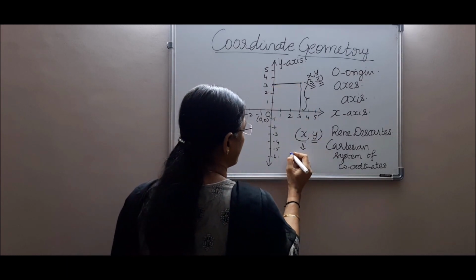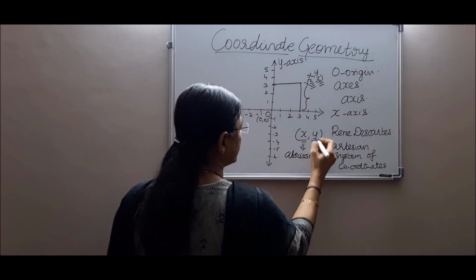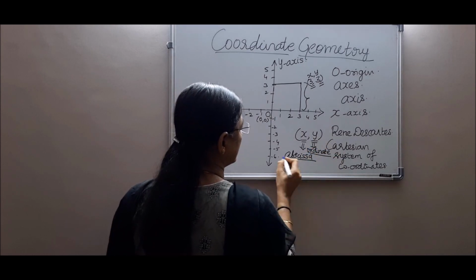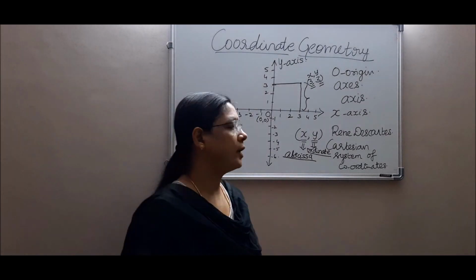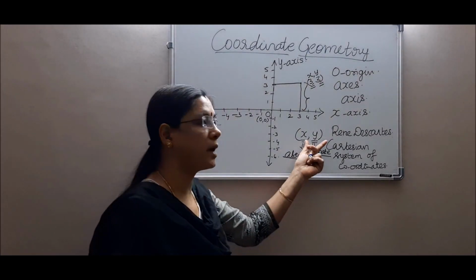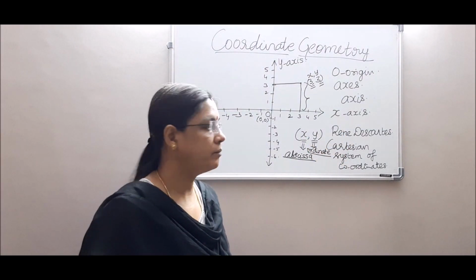And what is this x coordinate called? This is called abscissa, and this is called ordinate. Remember, the x coordinate is called abscissa and the y coordinate is called ordinate, and they are separated by a comma and given within parentheses. Okay, within brackets.